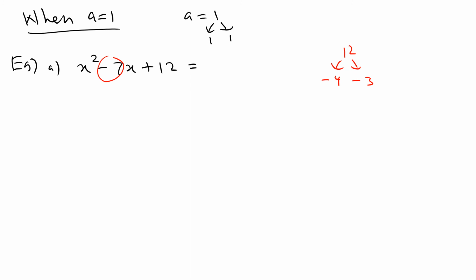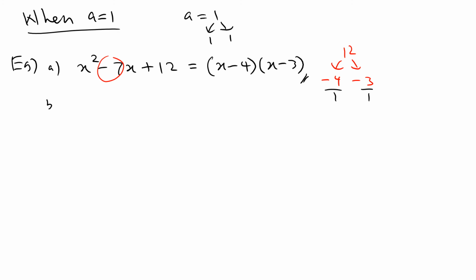Those are the answers directly. So it has to be x minus 4, x minus 3. The reason is that with this magic factorization, we just divide those numbers by 1, so it's the same number. That's why you don't need to do that, and you get the answer directly.